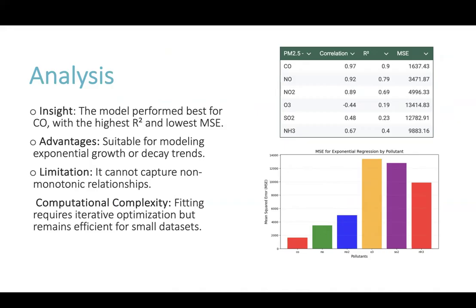The advantage of this algorithm is that it's suitable for modeling exponential growth or decay trends, but the main limitation is it cannot capture nonlinear monotonic relationships. For computational complexity, fitting requires iterative optimization but remains efficient for small data sets. So we decided next to perform polynomial regression as it tackles the limitation of this particular algorithm.